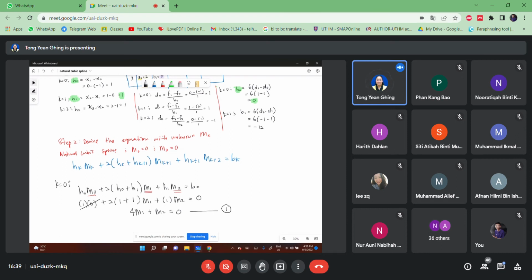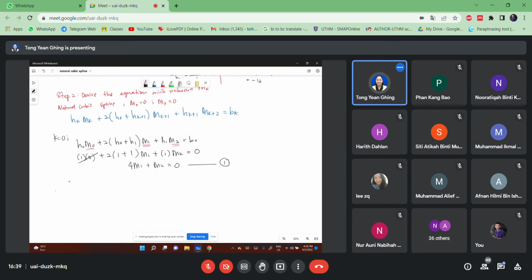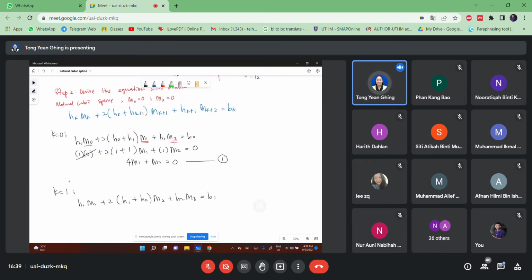Okay. And then we continue with K equal to 1. So H1, M1 plus 2 times H1 plus H2, times M2 plus H2, M3 equal to B1. Now substitute the values.